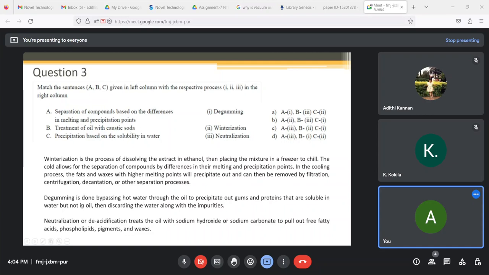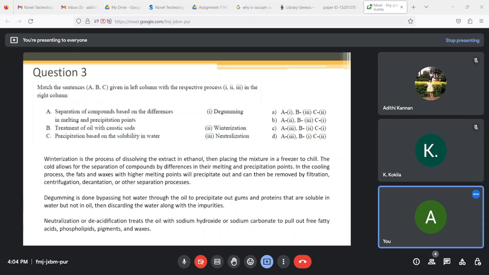And degumming is done by passing hot water through the oil to precipitate out the gums and the proteins that are soluble in water but not in oil, and then discarding the water along with impurities. You will have multiple trays, like in a large column, that contain your oil.